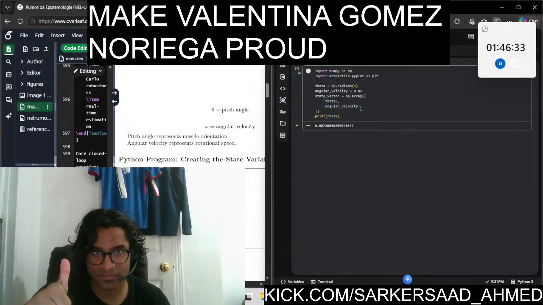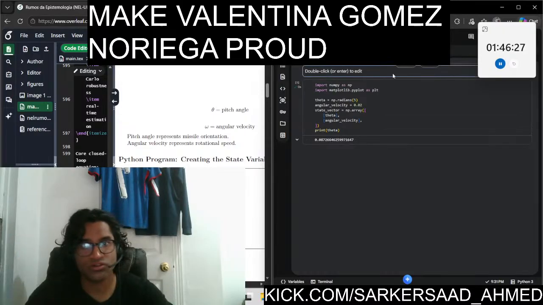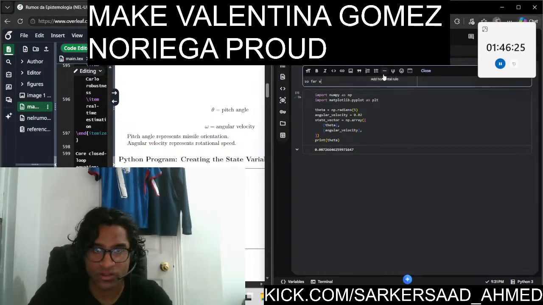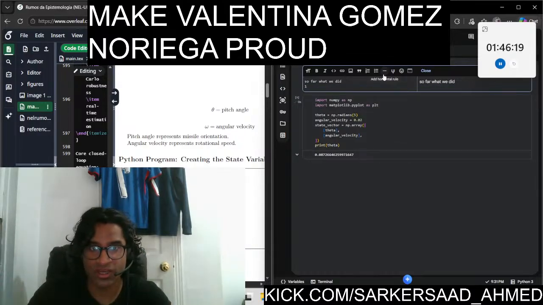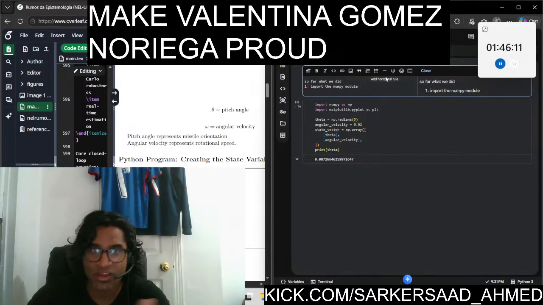Okay, we good. So what we did so far, I'm just going to note down. Obviously, import the numpy module to create arrays for more than one value, if you want to create matrices.